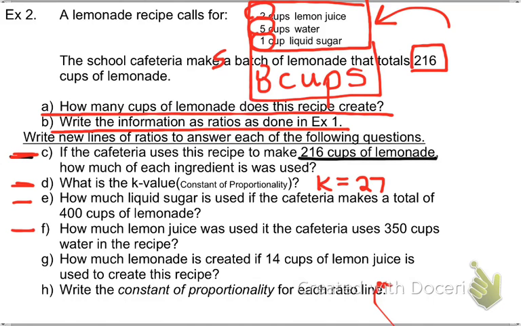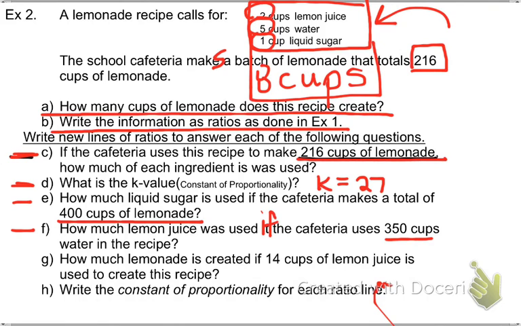F, how much lemon juice was used if, there's another spelling mistake, the cafeteria uses 350 cups of water in this recipe? So up here we talked about 216 cups of lemonade. Here we talked about 400 cups of lemonade. So those were our total numbers.